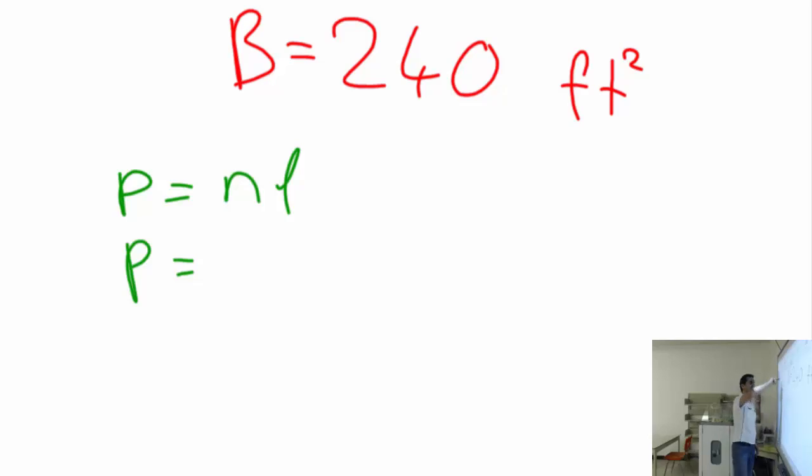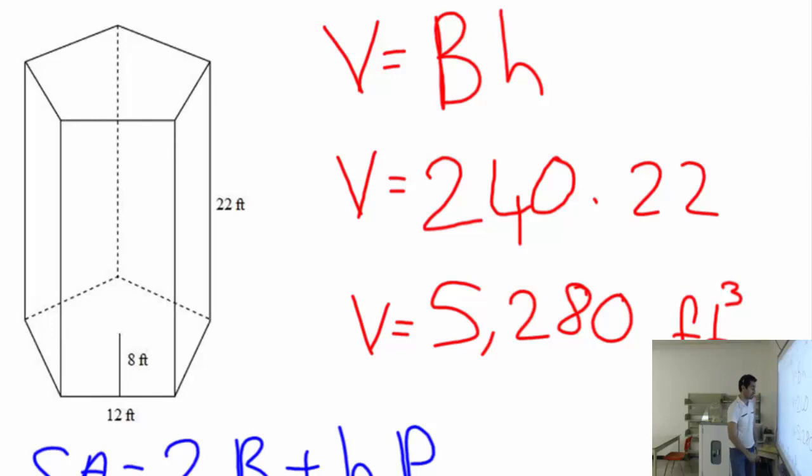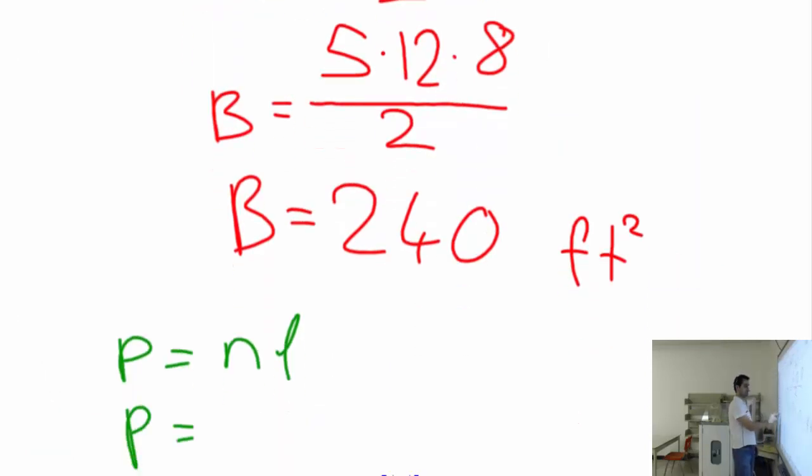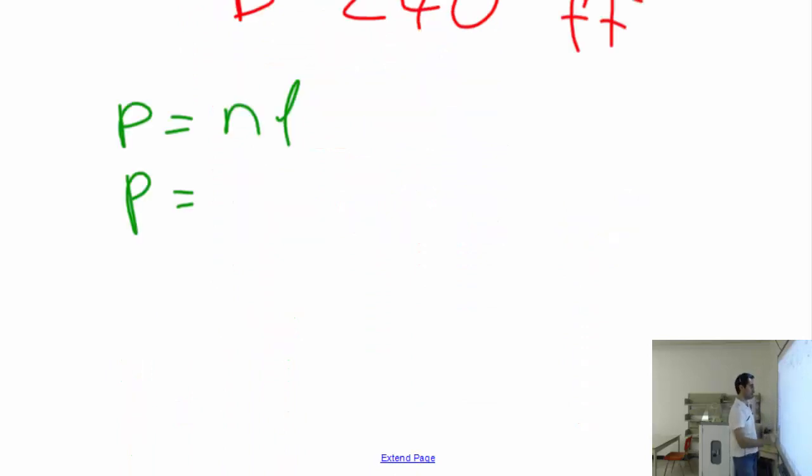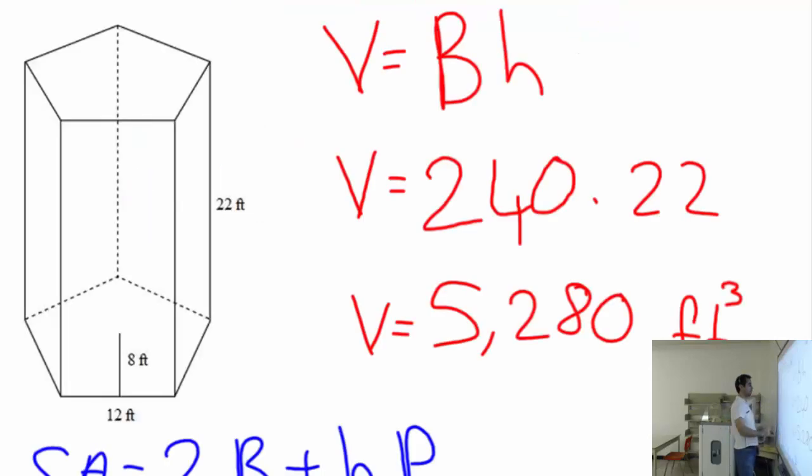I forgot how many sides the polygon had. 5. But let's see again. This is 1, that's 2, this is 3, that's 4, that's 5. 5 sides. L means one of the sides. So let's go ahead and look at that.